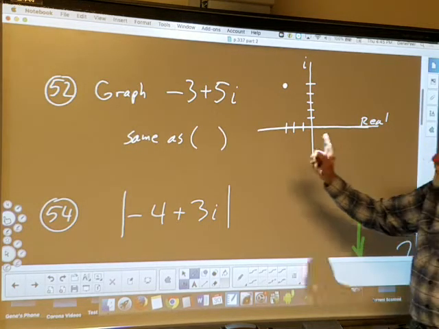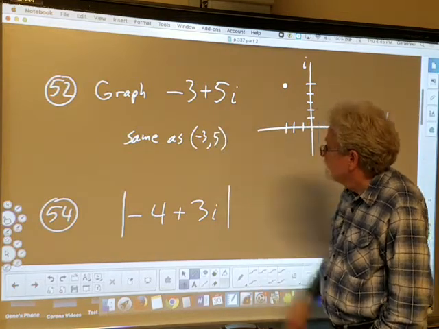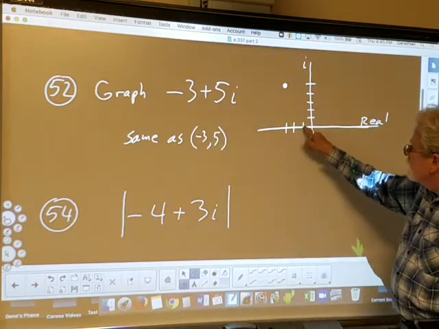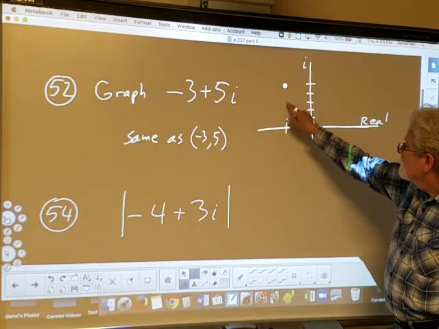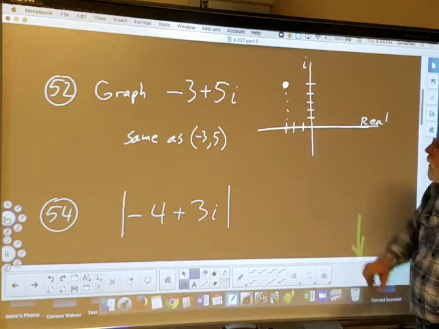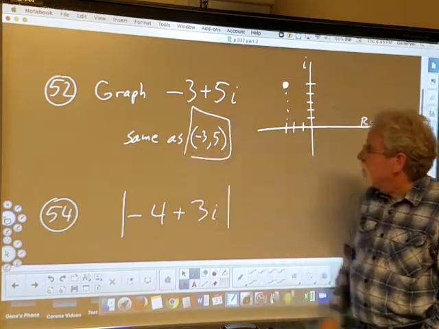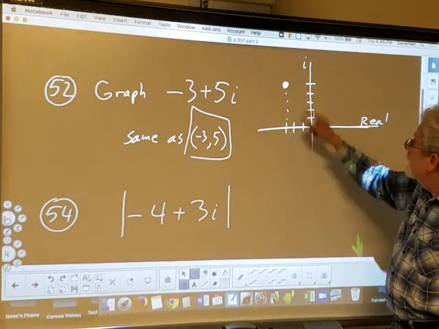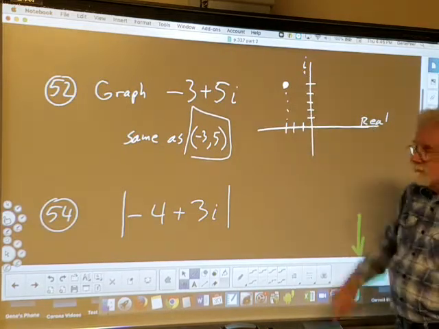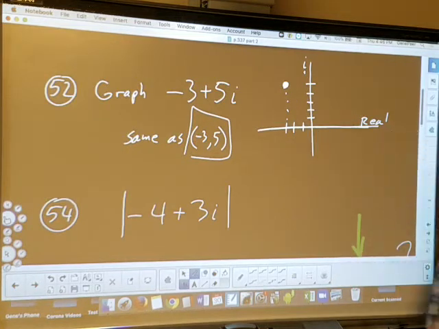We graph it as if it were -3, 5. That's not called -3, 5. We graph it like -3, 5, but it's called -3 plus 5i. Not on the real number line. It fell off the real number line because it's not real.